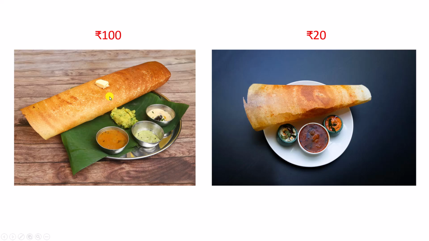Many times you might have gone to a hotel, eaten something, and when you pay the bill, you feel that the price you are paying is way too high for the taste that you got. Let us say you eat this dosa and you feel that 100 rupees is not worth the price.